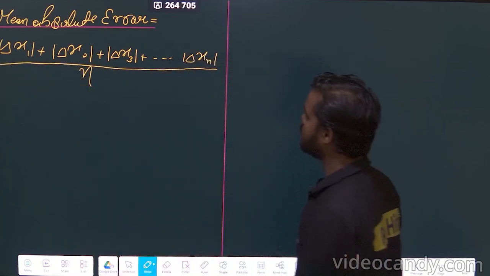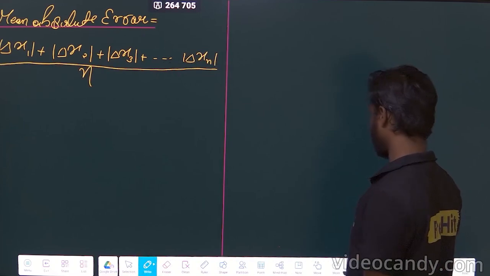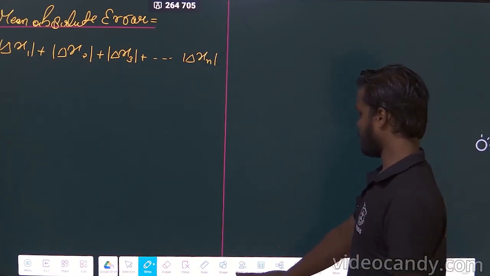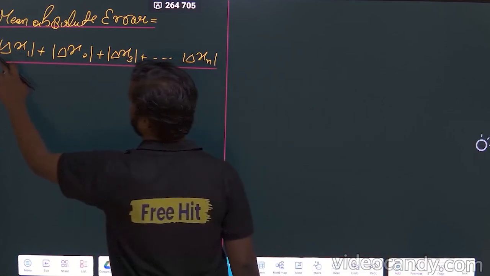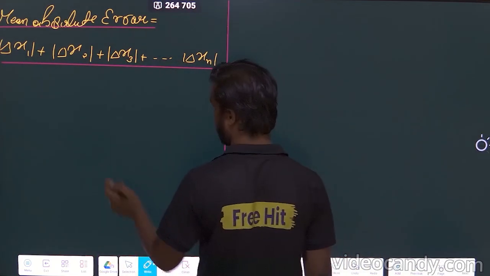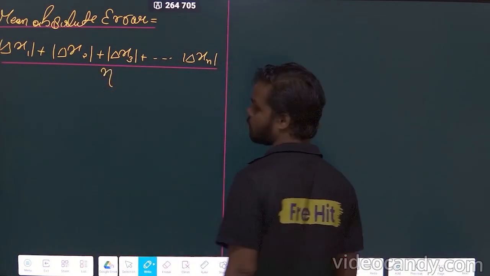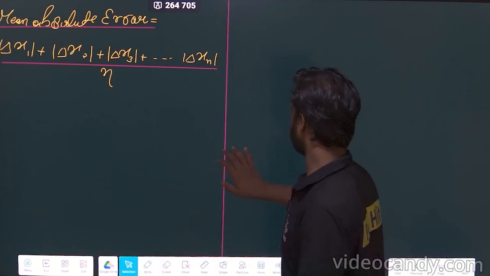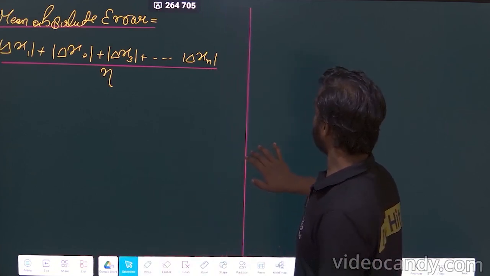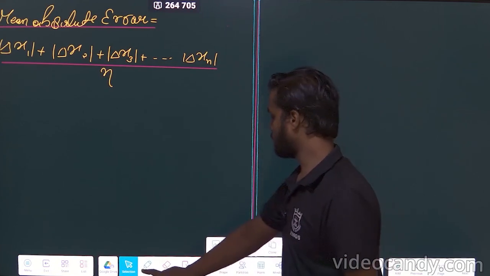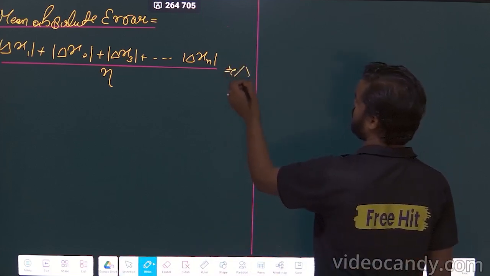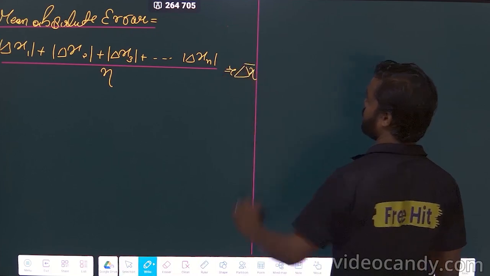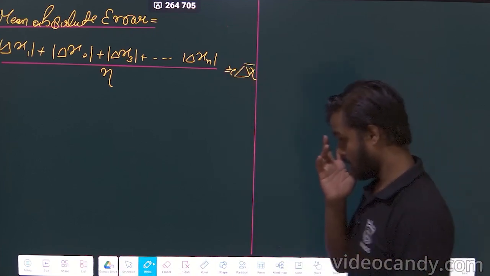That is going to be the mean absolute error, and we denote this as delta x bar. Clear? Any doubt?